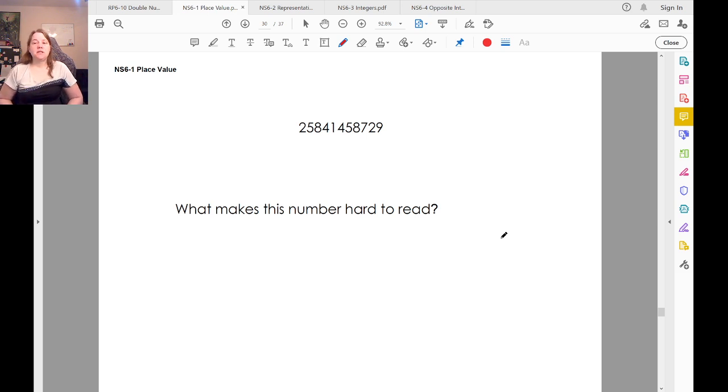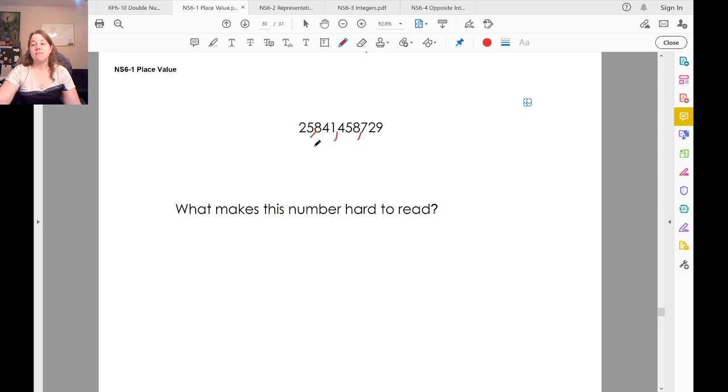What makes this particular number hard to read? I'm going to give you a minute. You should probably notice that this number doesn't have our super convenient commas that are there after every 3 numbers. Those commas are what help us to have easy to read numbers, so it breaks it up so that we can see this is 729,000.